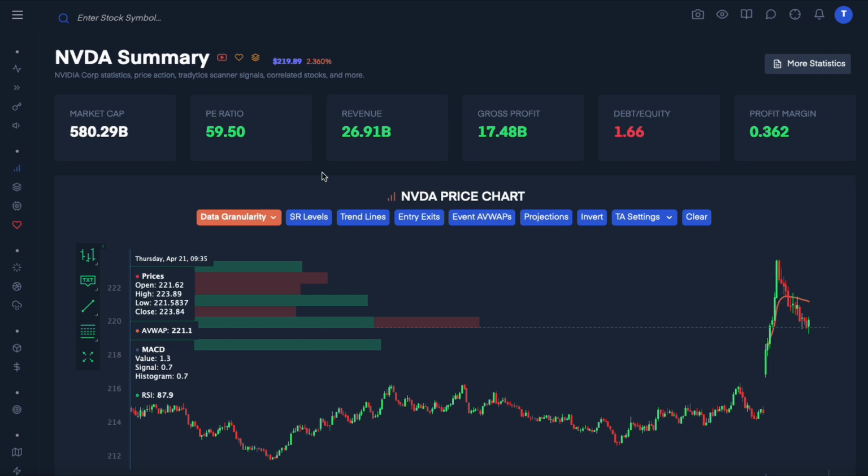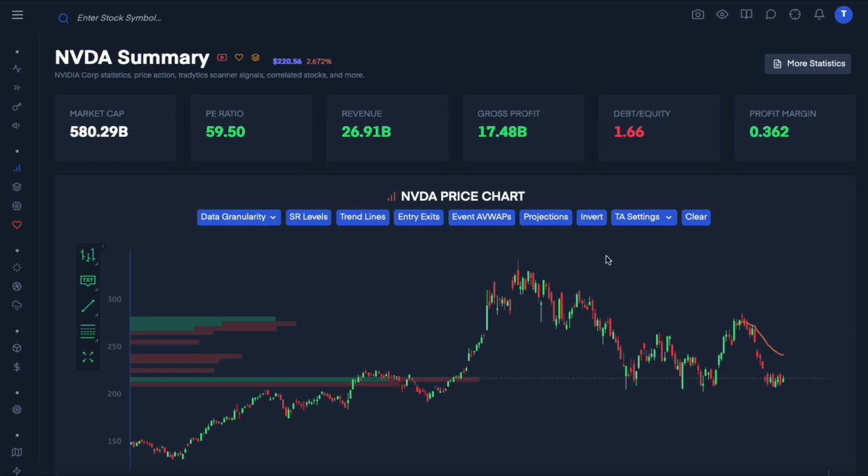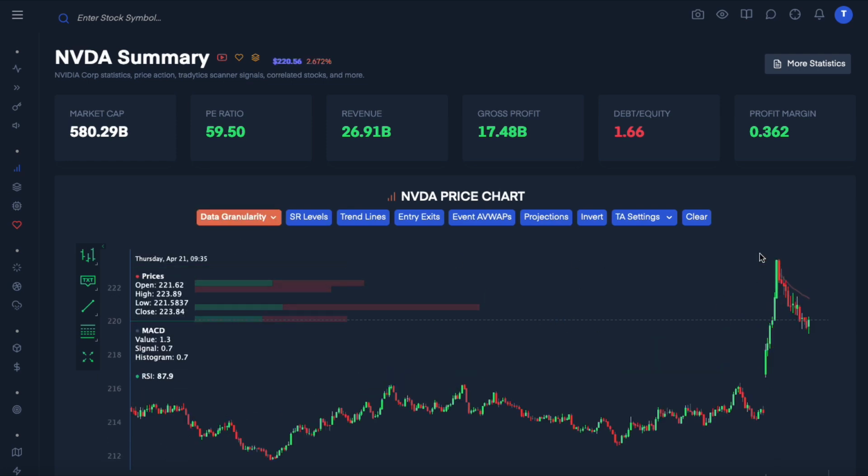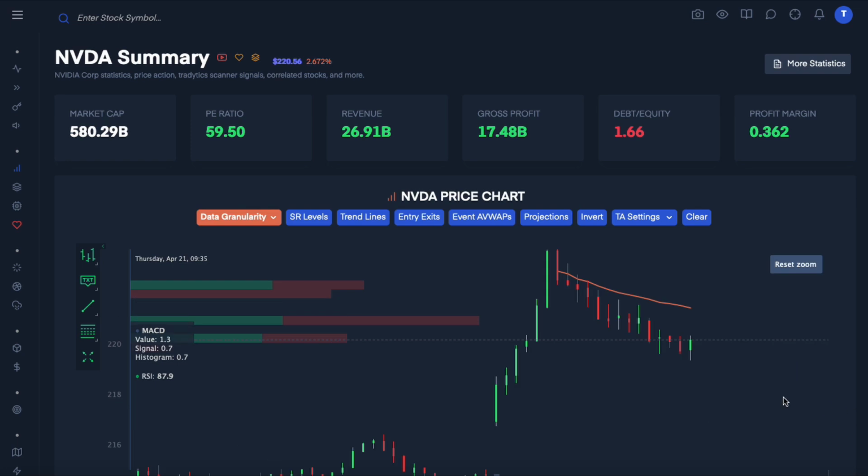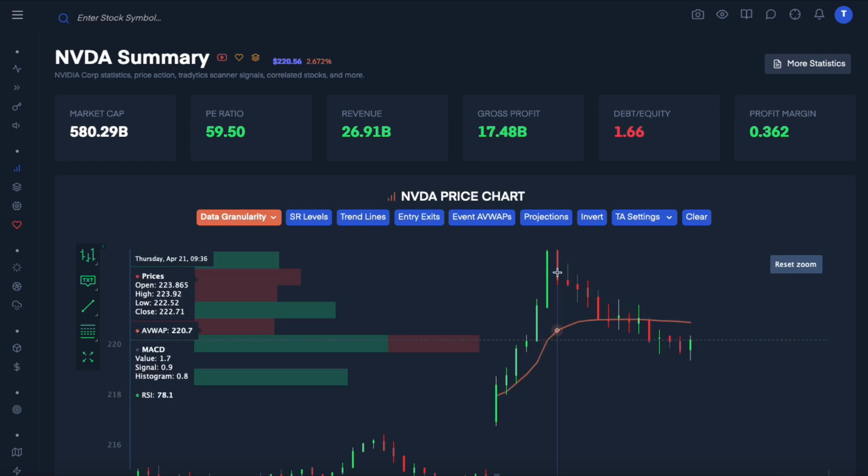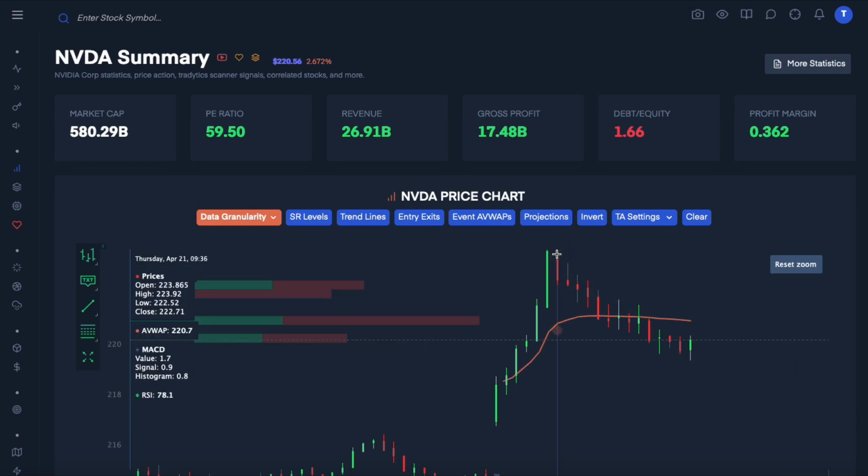And another good tip here. So now that we had an anchored VWAP from the bottom, you can also draw an anchored VWAP from the top, and you don't go in until we break this level. Because this is the level that the shorts are playing.